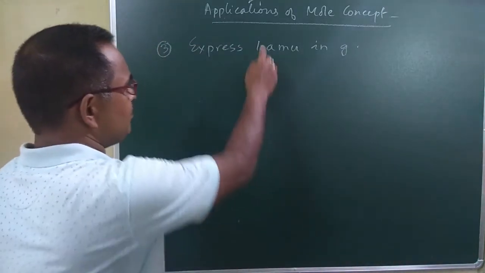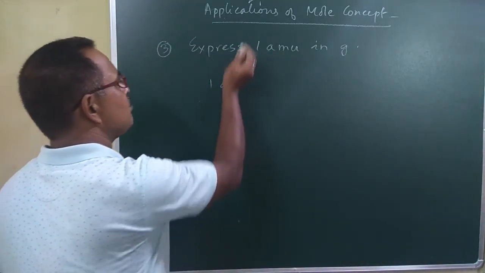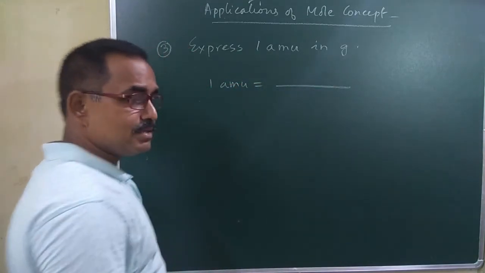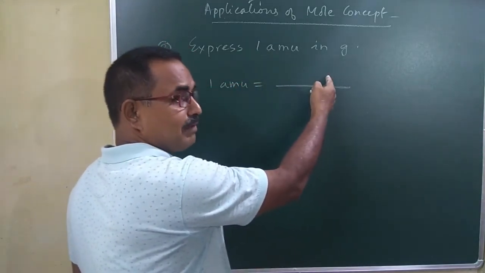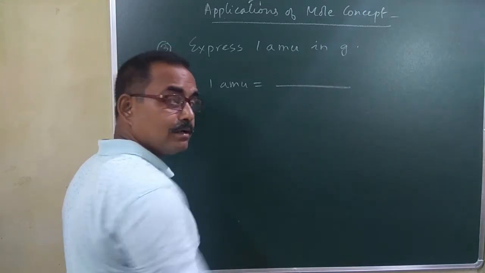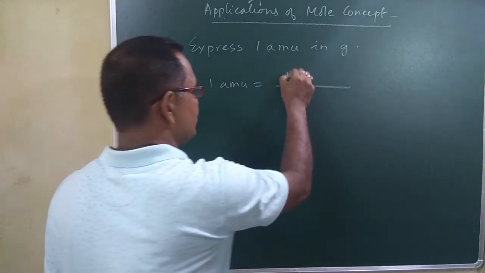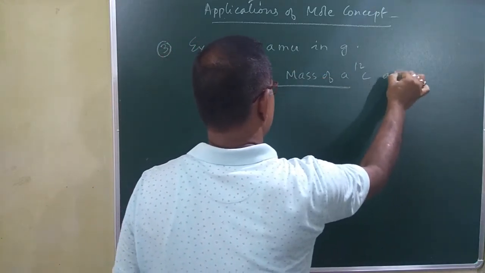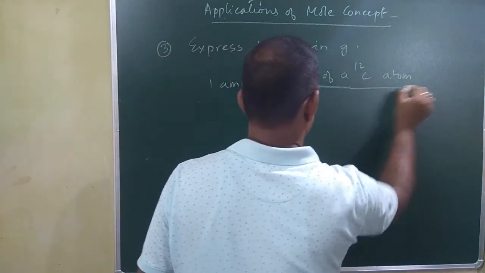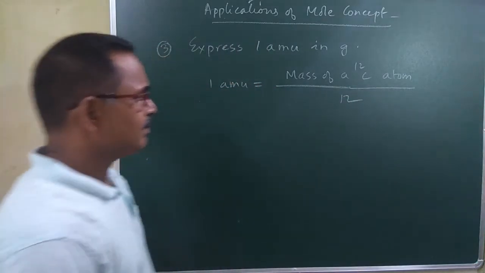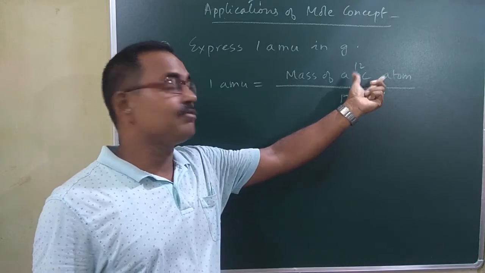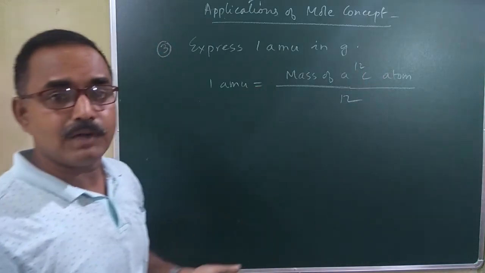What is 1 AMU? 1 AMU means the mass of a C12 atom divided by 12. So if we find out the mass of a C12 atom, we can find out 1 AMU.